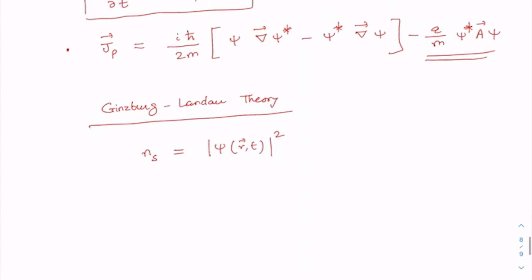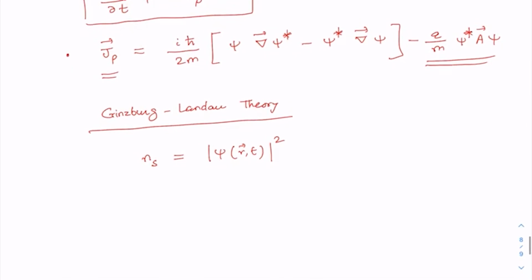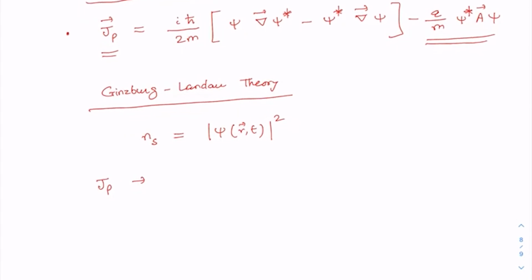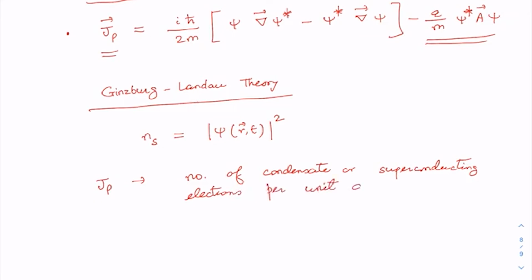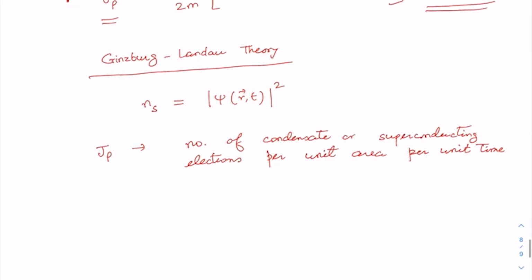And because of this, the interpretation of J rho, if you look at it carefully, is that J rho refers to the number of condensate or superconducting electrons per unit area per unit time, or we can also say that it is the flux of electrons per unit time.